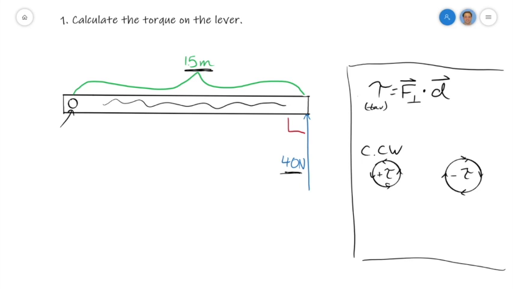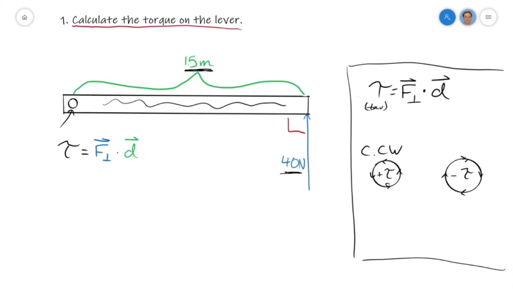Number one, it asks us to calculate the torque on the lever. So we have a lever, and we have the two things that we need for it. They've provided, so we want to find torque, which is equal to the perpendicular force times the position vector, or distance that force is from the fulcrum.